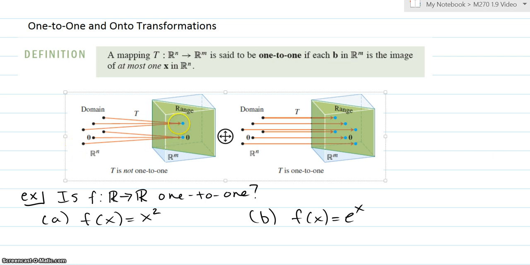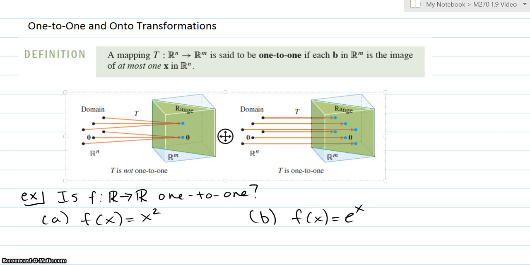So we start with a b, that's the image, so it's in the range, in the Rm. And if there is more than one point in the domain going to that, it's not one-to-one. Here's a nice picture where you can see that if each image has at most one point, it is one-to-one.